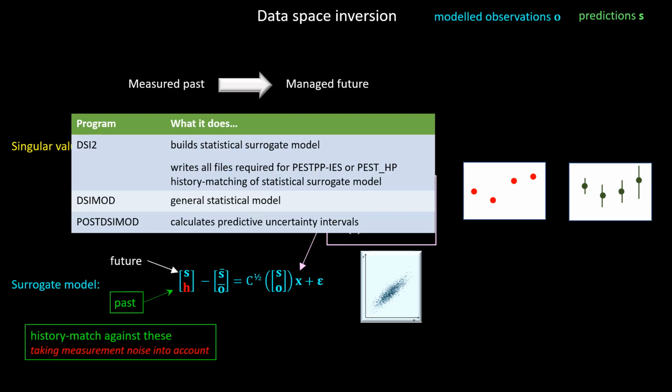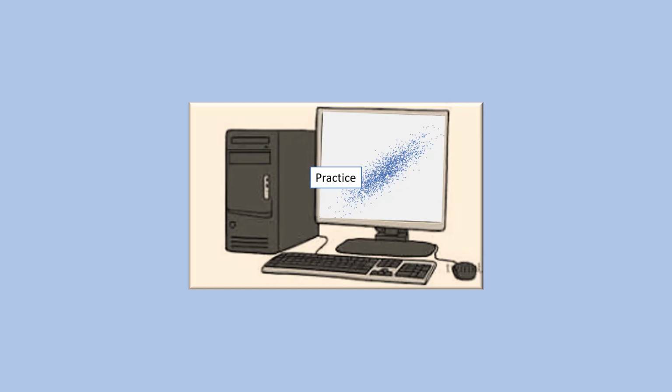DSI mod is a general statistical surrogate model which encapsulates the square root of the covariance matrix that we just saw. POST DSI mod, as we just mentioned, is used for calculation of predictive uncertainty intervals. So that's the theory. This is a list of the software that implements the theory. Now let's use this software to see how it's done using the members of the PEST suite.